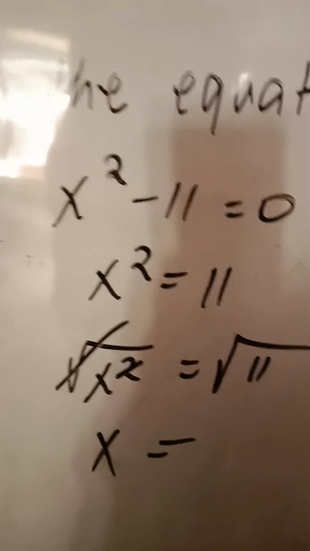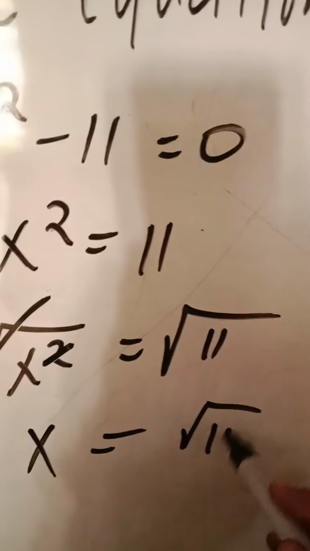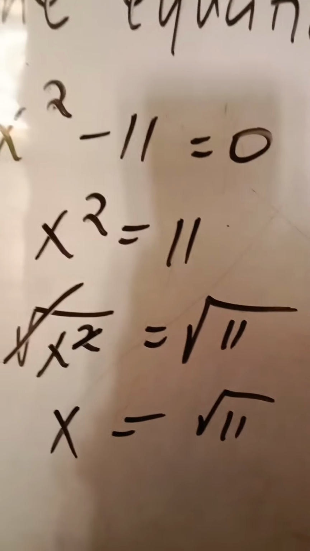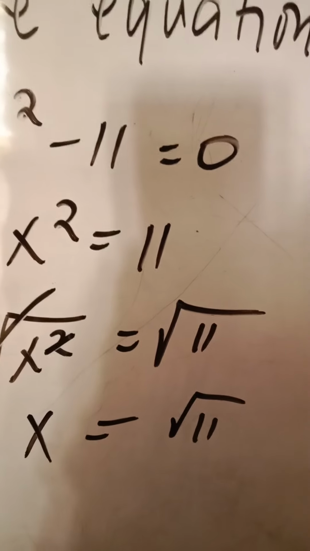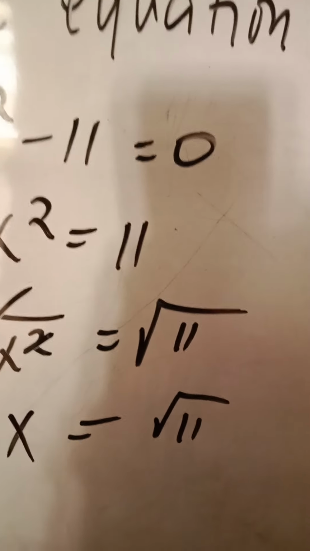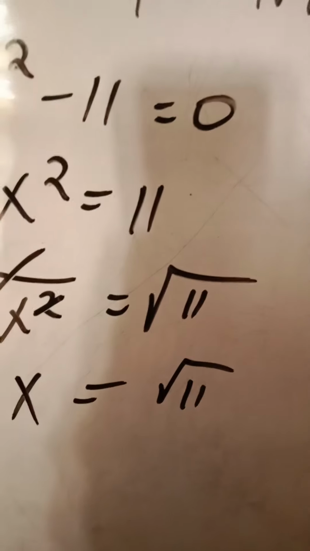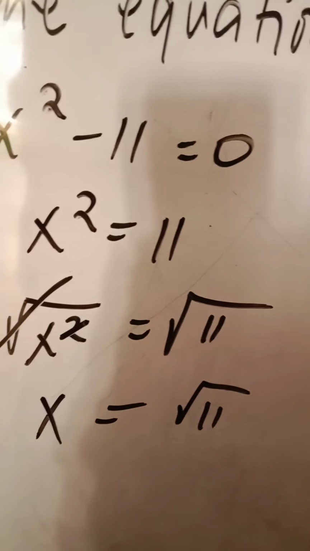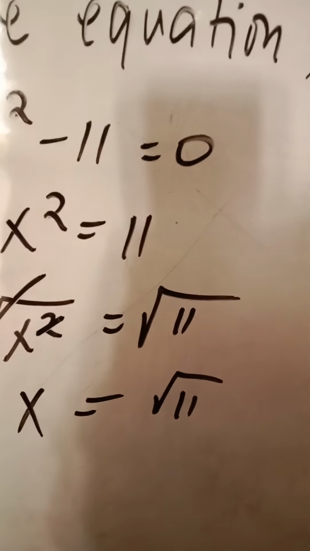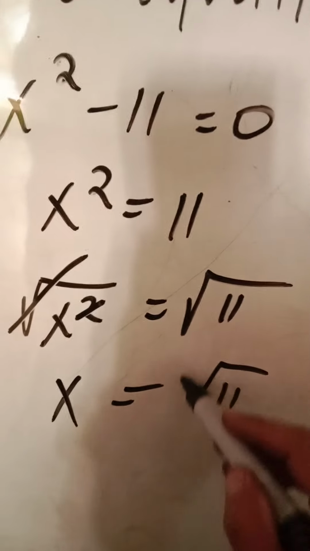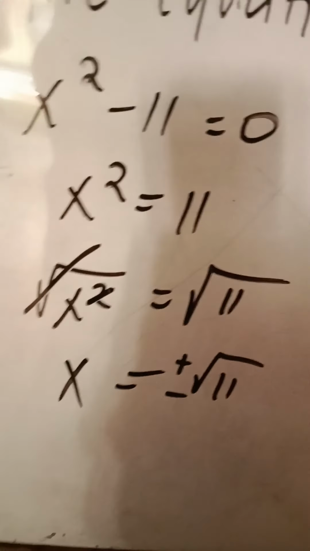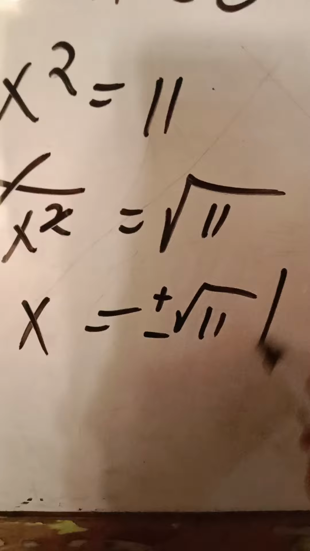Then the square root of 11 stays as the square root of 11, because no need to calculate, since 11 is not a perfect square. So it remains the square root of 11, positive and negative square root of 11. So this is now our answer.